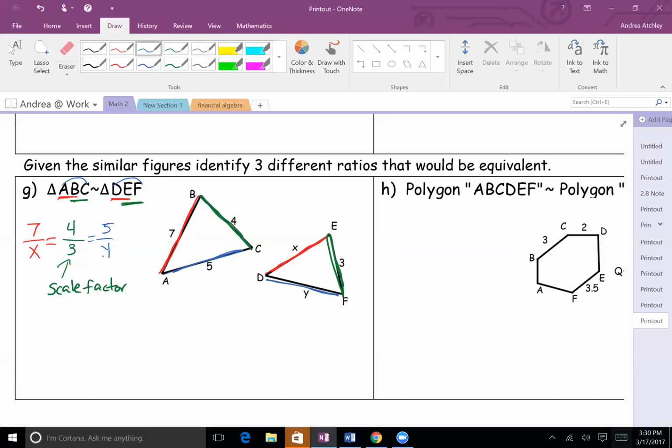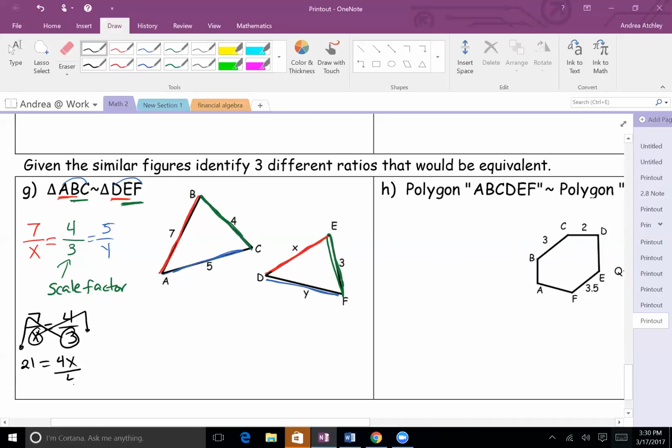And if we wanted to, we could find X and Y, and we'll show you how to do that. So we're just going to take our 7 over X and set it equal to our scale factor, which was 4 over 3, and then cross multiply and get 21 equals X times 4, which is 4X.